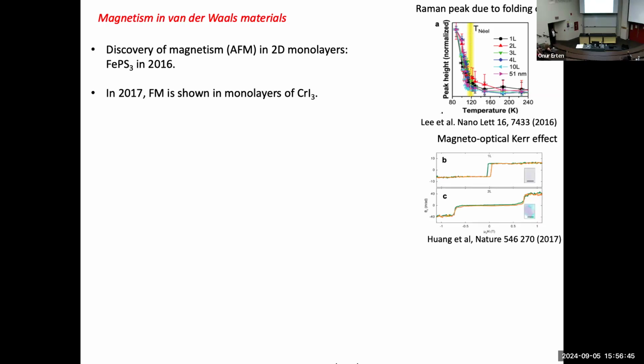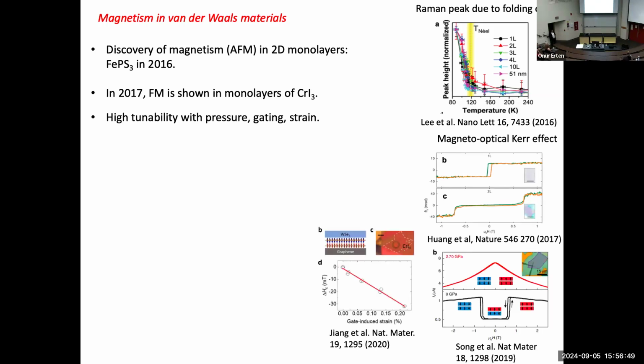And similar to other two-dimensional materials, two-dimensional magnets show high tunability with pressure, strain, and gating. So that's a big advantage of two-dimensional materials over some bulk systems. You can tune their properties much more easily.